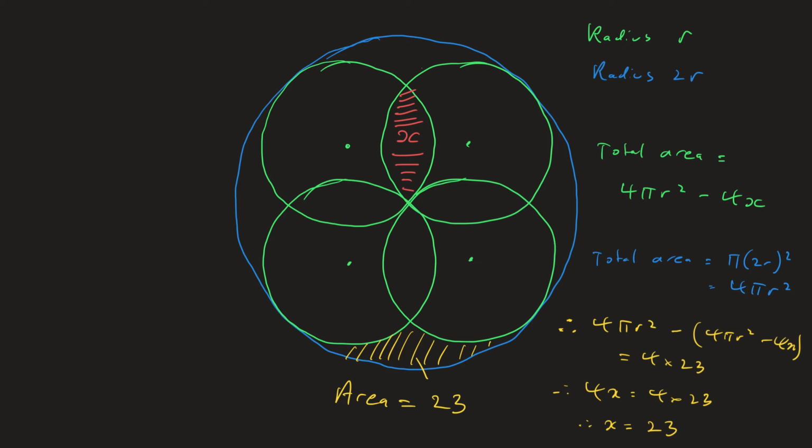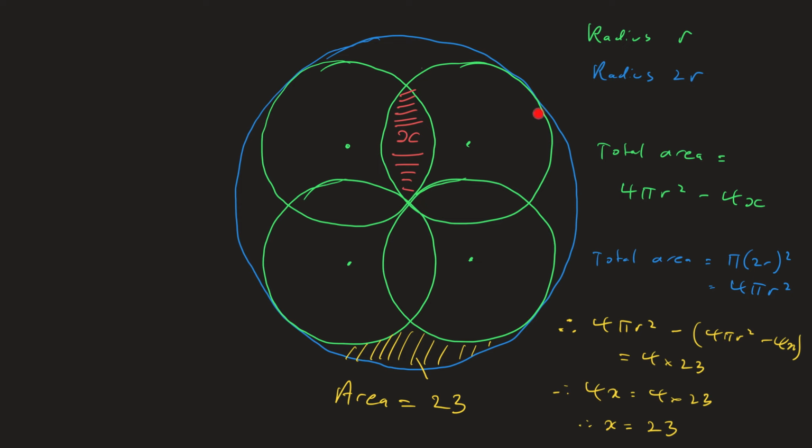It should be clear that if we add up the area of this circle, plus this circle, plus this circle, plus this circle, then we've counted each of these overlapping regions twice. Therefore, the area of the union of the 4 circles, the area inside this outside green line here, is going to be equal to 4 pi r squared minus 4x.